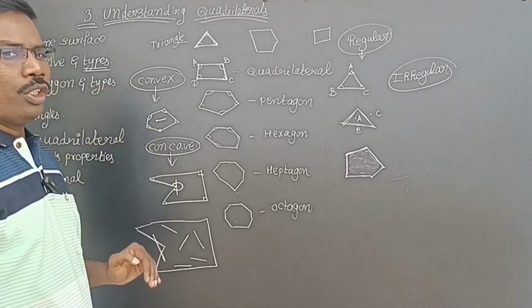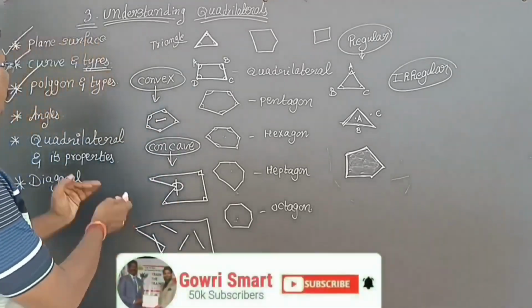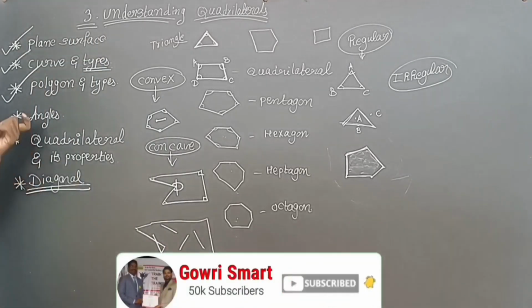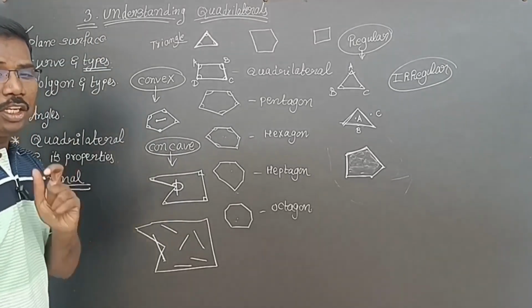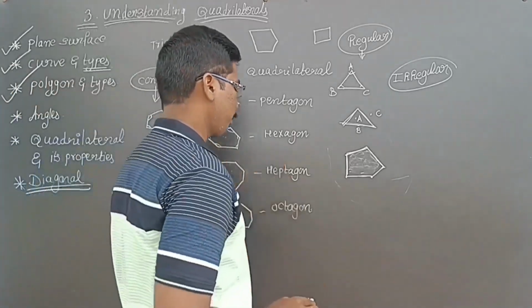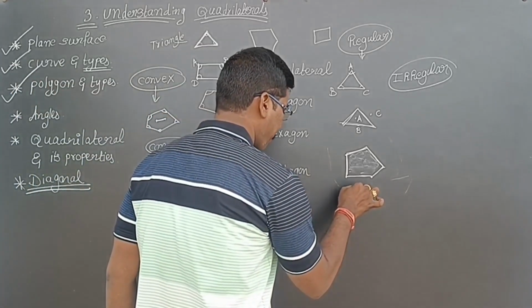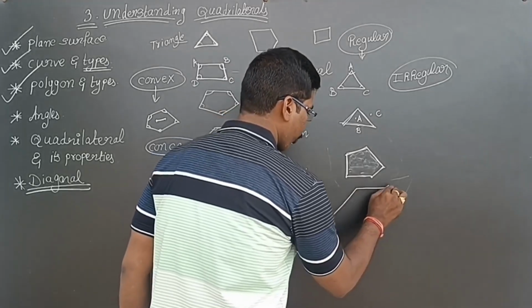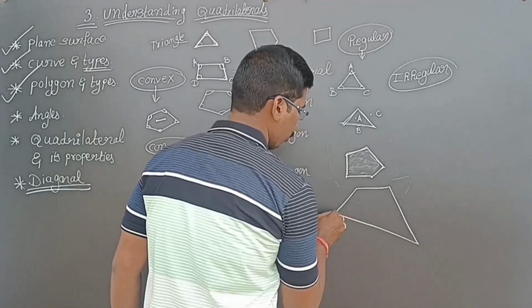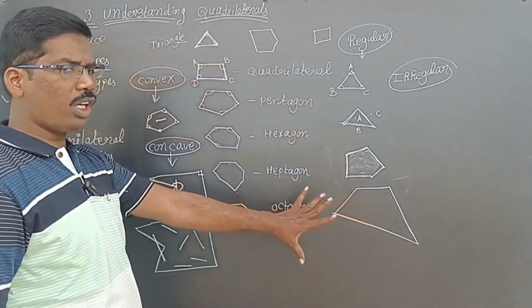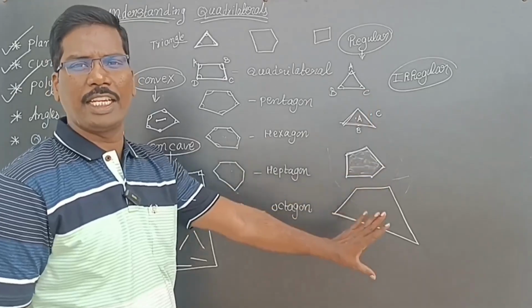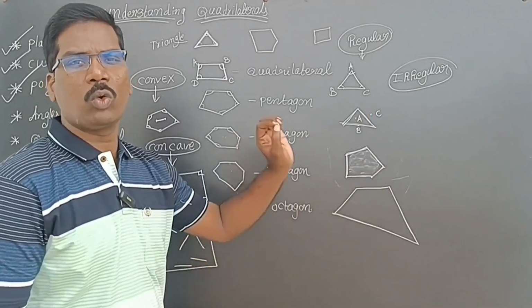Now, after polygon, again we have to study diagonal. I forgot to write it. So you have to study diagonal. What is diagonal? Now see here. This is a quadrilateral, a polygon. A closed figure which has sides is called a polygon.